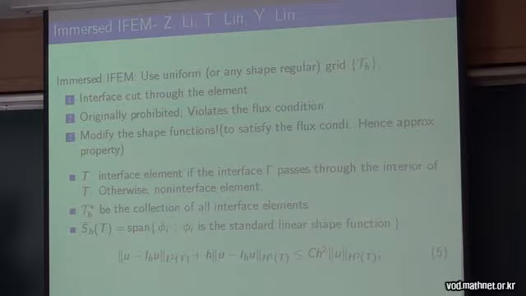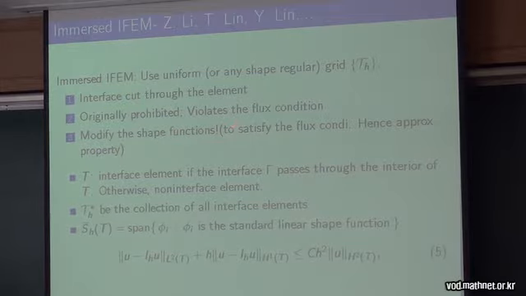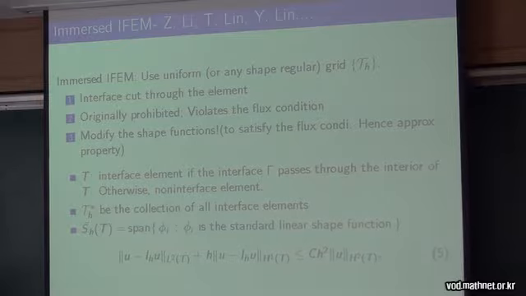It uses a uniform grid, or any shape-regular or at least quasi-uniform grid, and it ignores the interface, so the interface can cut through the element. The idea is to modify the shape function, the basis function, to satisfy the flux jump condition, in some sense.